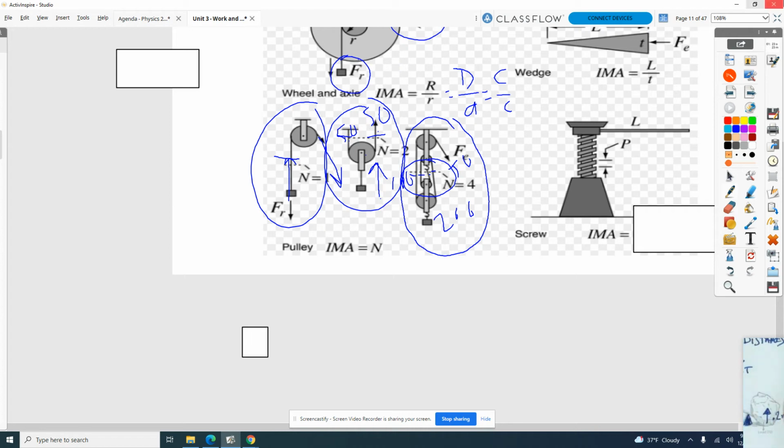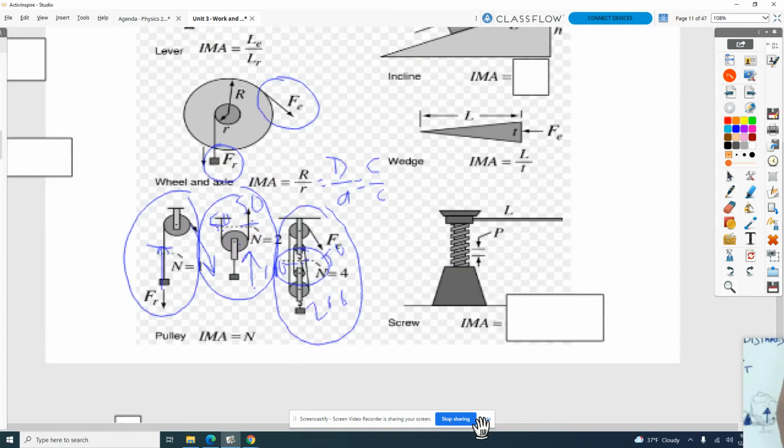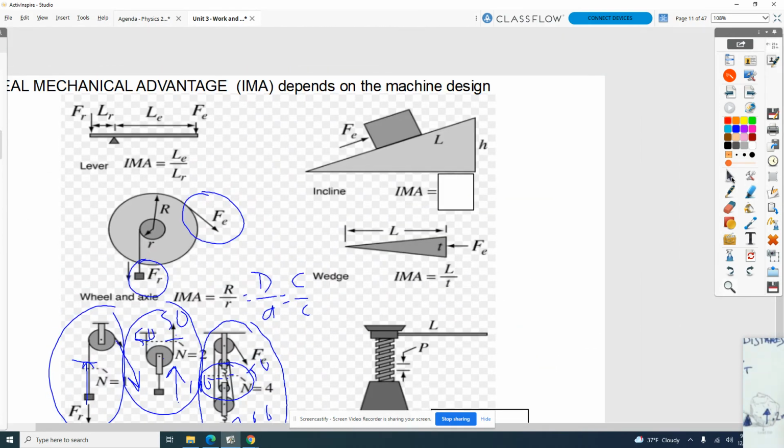Let's take a look at some of the other machines. Now, the inclined plane is one that we've studied a lot in class. We can understand inclined planes a lot easier just using mechanical advantage. So it's a ratio of the length of the incline, just how long that is, to the height of the incline.